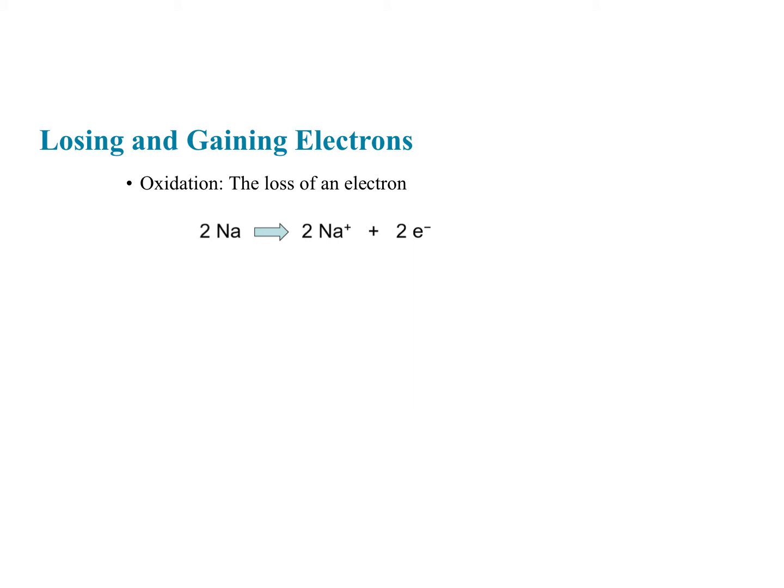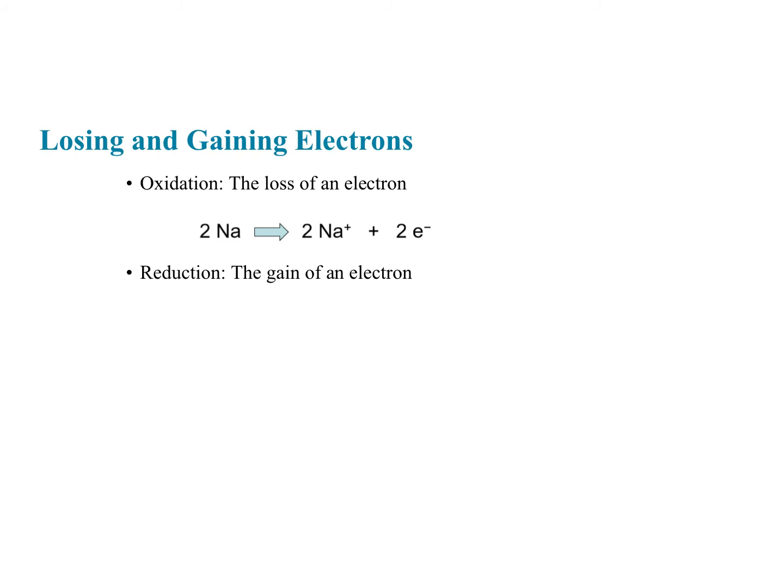Note that sodium here is a neutral chemical, and for every proton, there's an electron. But when I take away some of the electrons, I take away some of those negative charges, I'm left with positively charged ions, but the total charge remains neutral. Always be aware that charge can never be created or destroyed. It can only be moved around.